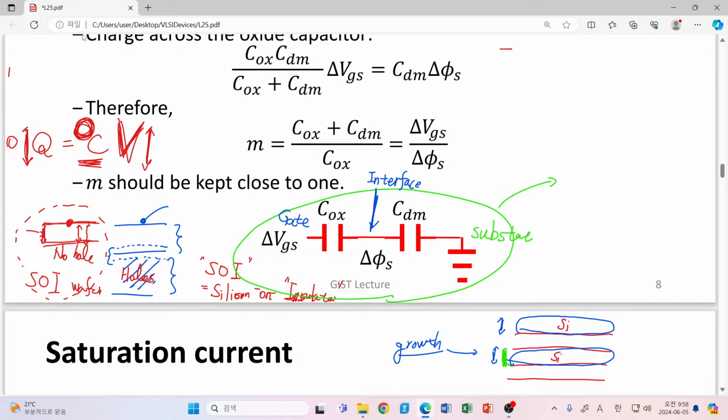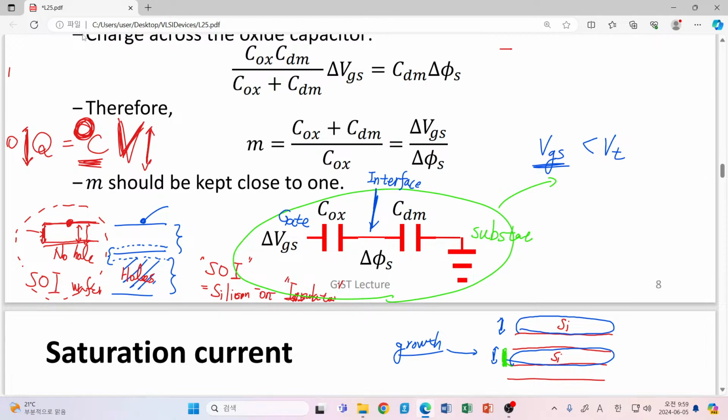How can you justify this kind of simplified diagram? It is possible since we are restricting ourselves to the case where gate source voltage is sufficiently lower than threshold voltage.